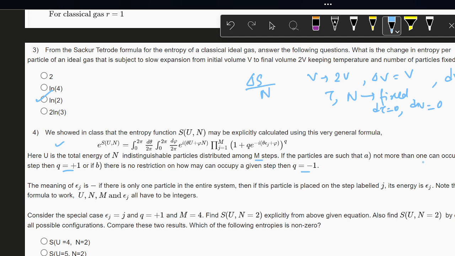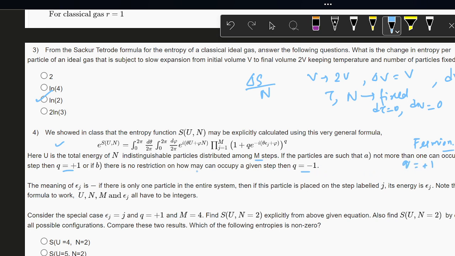Okay, given the fact that we are not taking into account that there is some spin to the particle, consider it as spinless particles, not like electrons which have a spin of half. So ideally we are considering the particle is spinless. So in that case, because it is a fermion, only one particle is allowed to occupy a single step, so it is standard that the q value will be plus 1 for fermions.